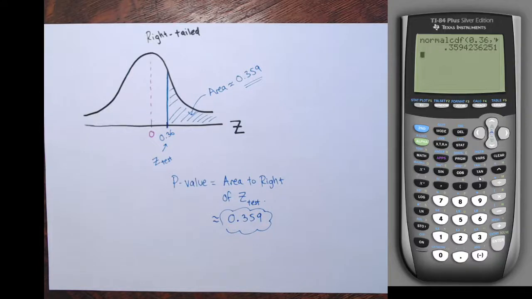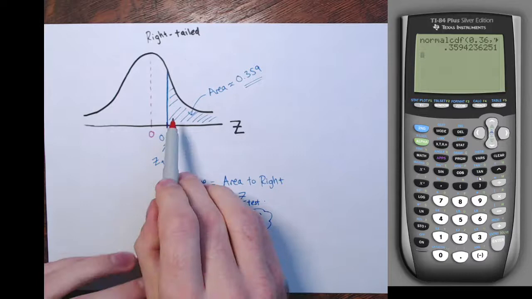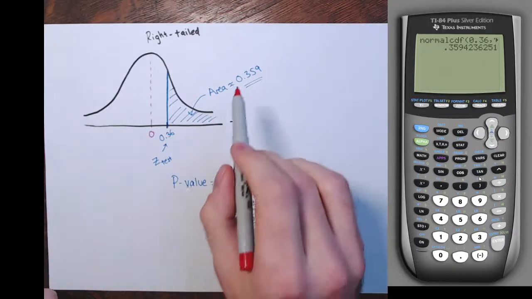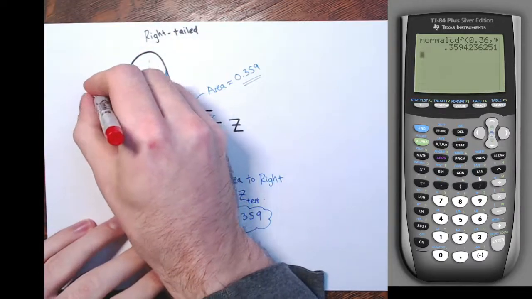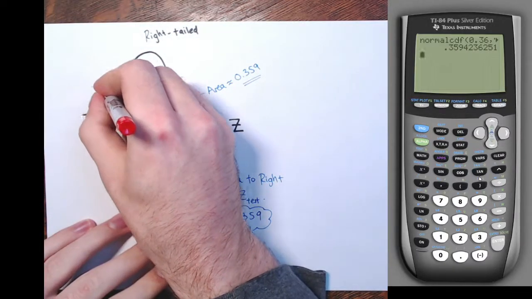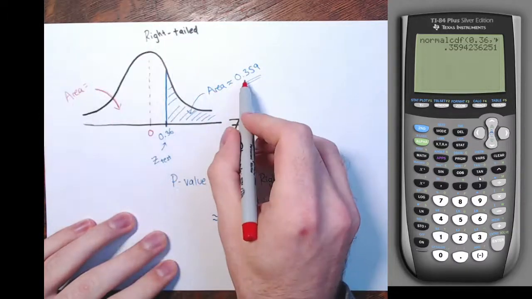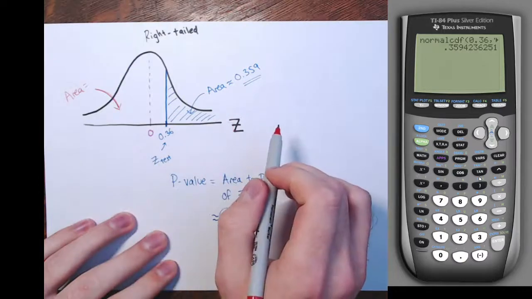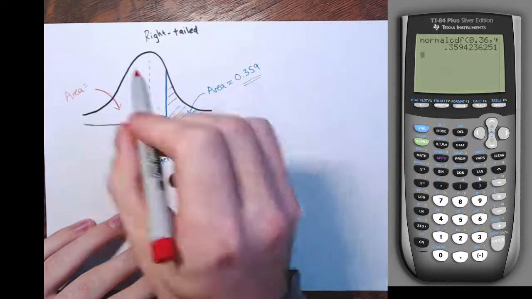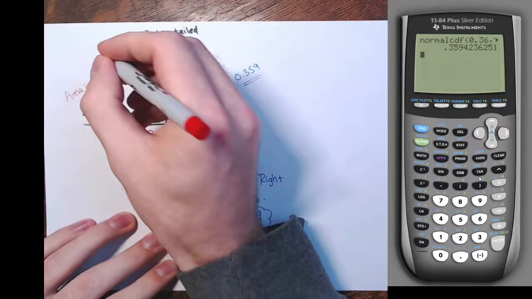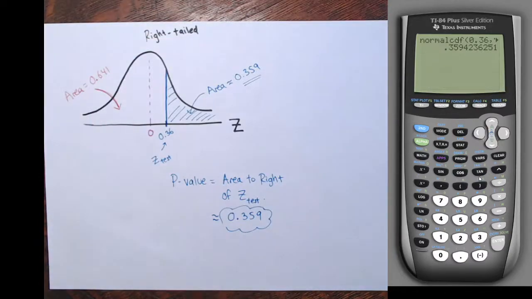Now I'm going to point something else out here, because I'm going to go to the table in a second. We found the area to the right, and that's what we were asked to find, the p-value. It's 0.359. Now if the area to the right is 0.359, that means that the area to the left is 1 minus this. Remember, the total area is 1, or 100%. So 1 minus this would be approximately 0.641. Now let me show you what the table gives us.